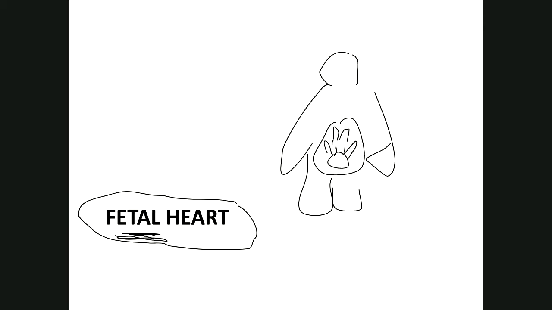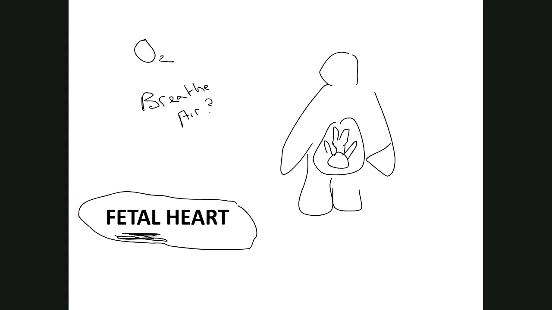So think about this. Where is this fetus getting its oxygen? Does a fetus breathe air? No, it doesn't breathe air. It gets it from the placenta, exactly. There's an umbilical cord and there's a placenta.